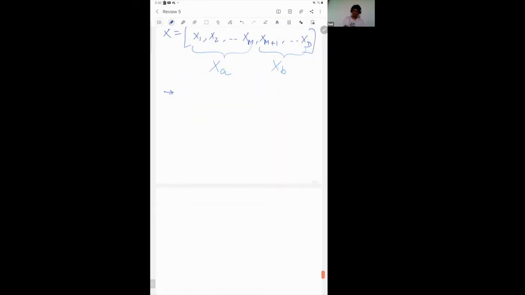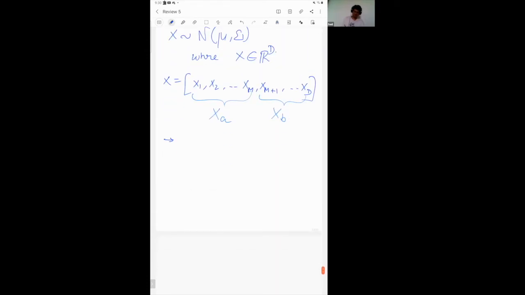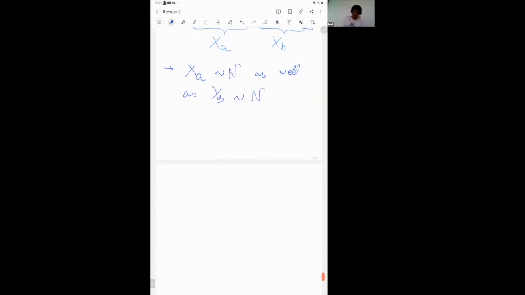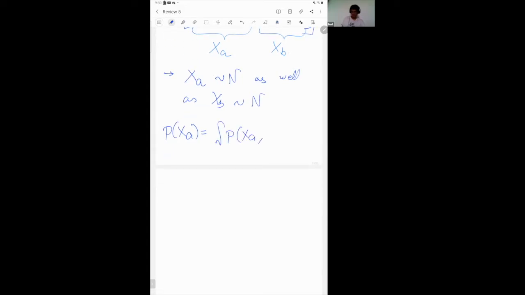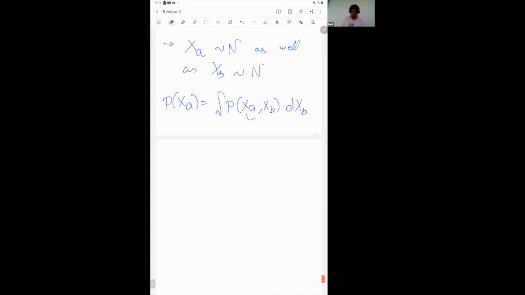What I mean by marginal distribution is that if we know x comes from a Gaussian, then xa also comes from some Gaussian, as well as xb. If we didn't have any well-defined, studied form of the PDF of xa, then in order to get the PDF of this set of variables xa, we can simply marginalize out xb, and then what we would get is this.